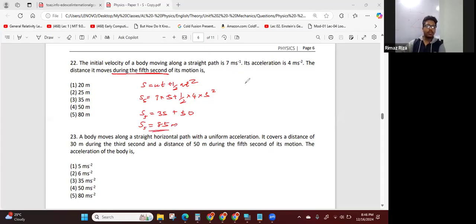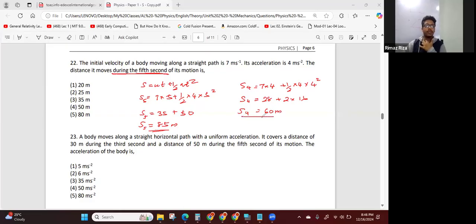And then I find S4, which will be 7 into 4 plus half into 4 into time 4 seconds, 4 squared. So S4 is equals to 7 into 4, 28, plus 2 into 16, which is 32. 32 and 28, 60.